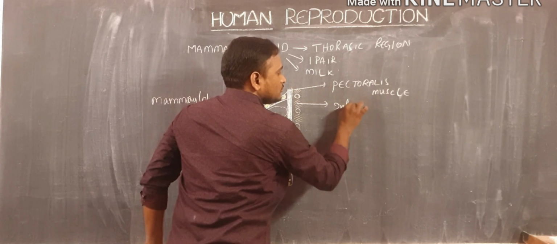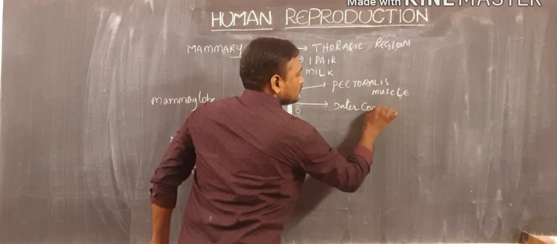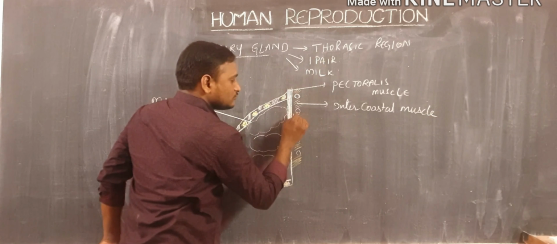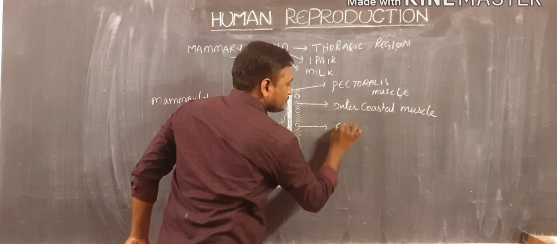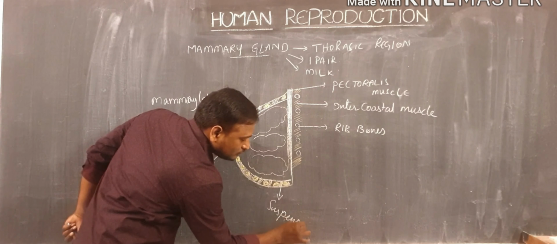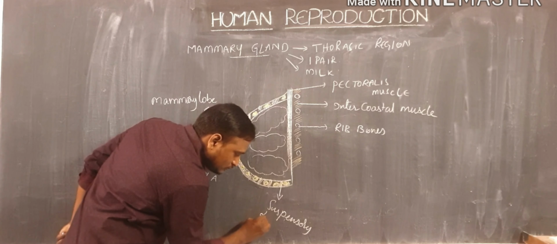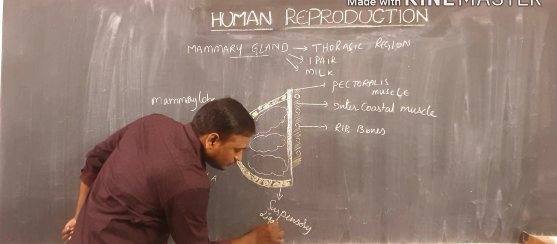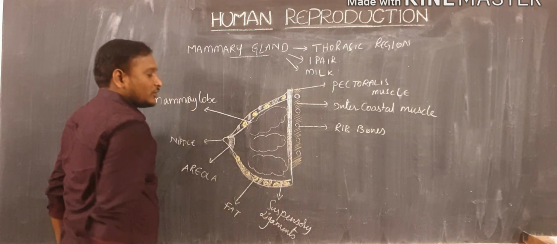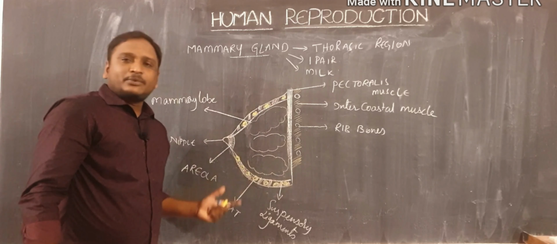Intercostal muscle. Rib bones. Suspensory ligaments. Fat. Likewise, different parts are present in the mammary gland.